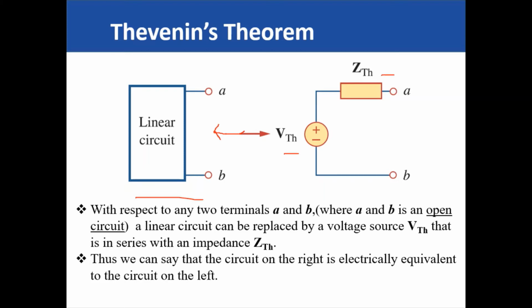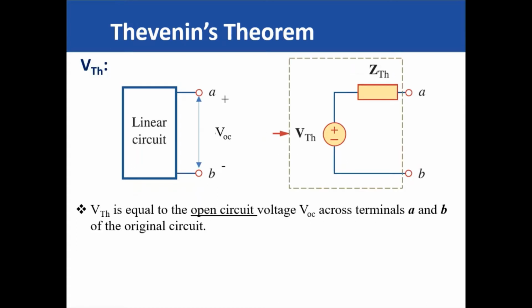So the circuit on the right is what we call the Thevenin's equivalent of the linear circuit with respect to the open terminals A and B. The question now is, what is this VTH and ZTH?